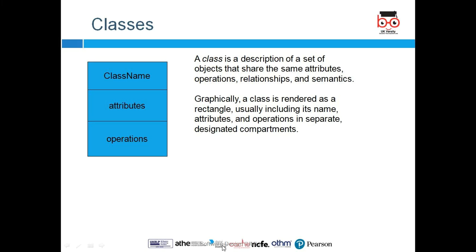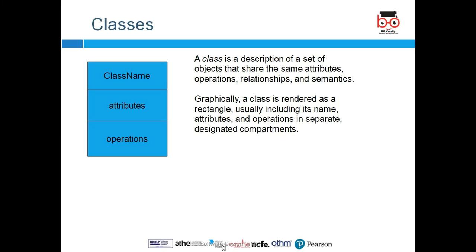Now, graphically, a class is rendered as a rectangle. Here is a rectangle. It usually includes its name, the class name, attributes and operations in separate designated compartments. For example, if there is an animal like a dog, a dog may have a number of legs, a number of ears, and one nose, and these are the attributes.